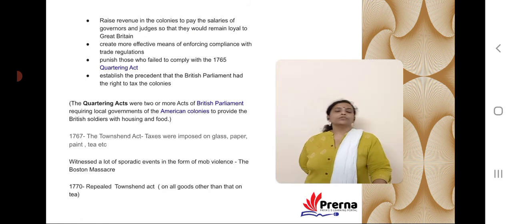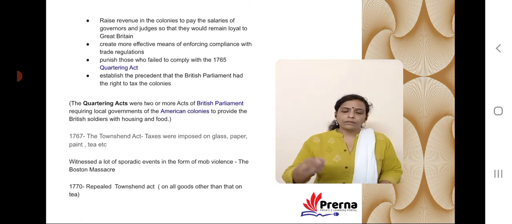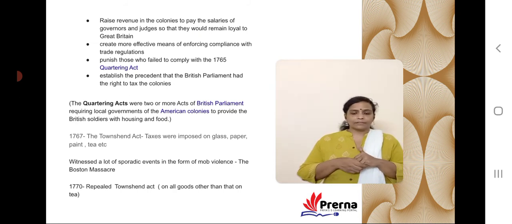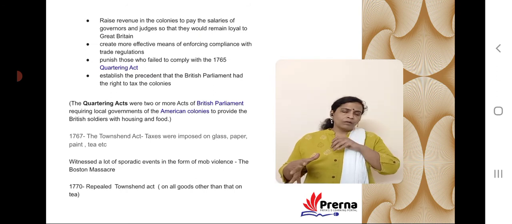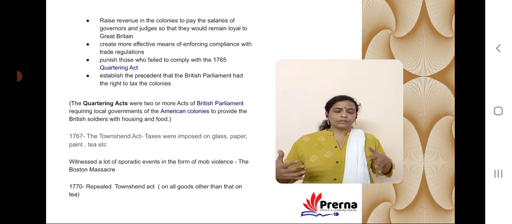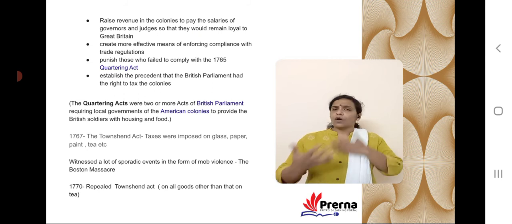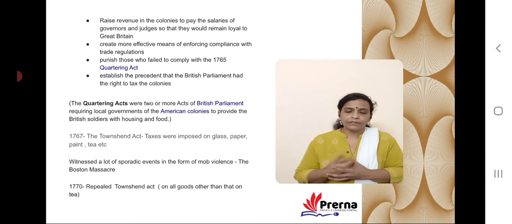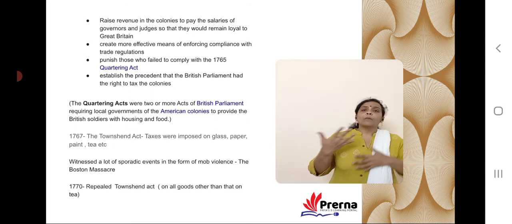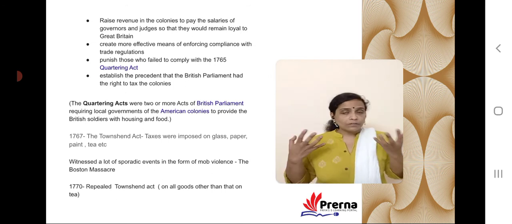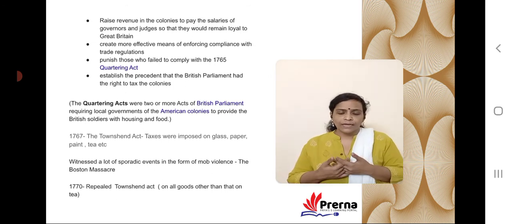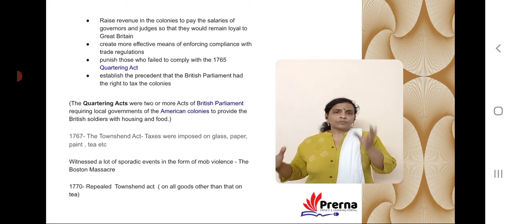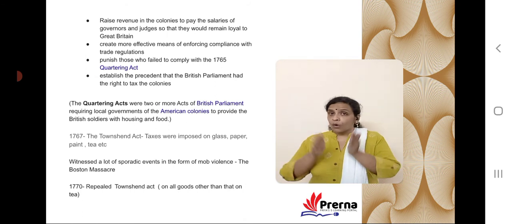The Townshend Act imposed a lot of duties on items like glass, paper, paint, tea, etc. A lot of incidents happened after this particular act was passed in the form of mob violence, because people in these colonies could not digest the idea of such acts, which they found again very exploitative, and that led to violence at Boston, which later came to be known as the Boston Massacre.